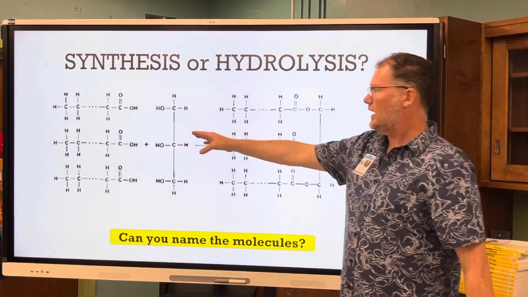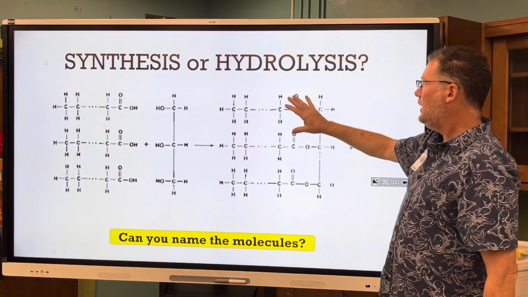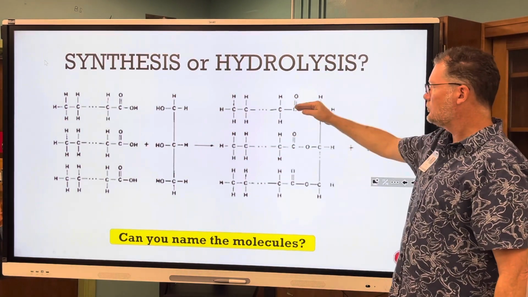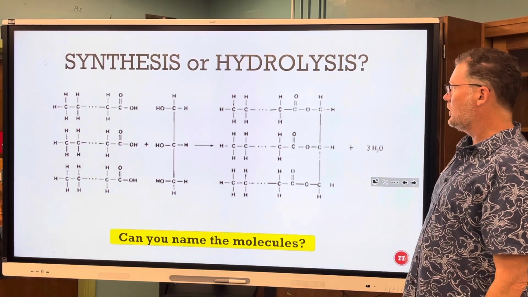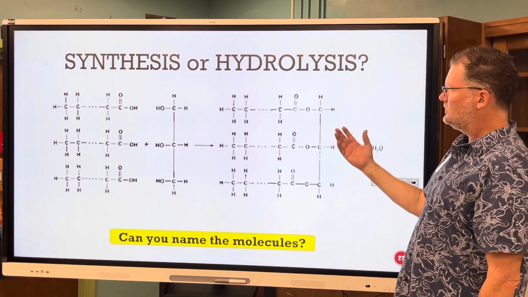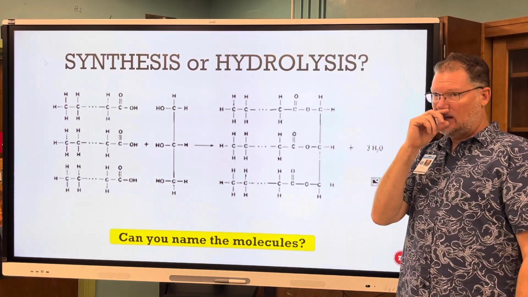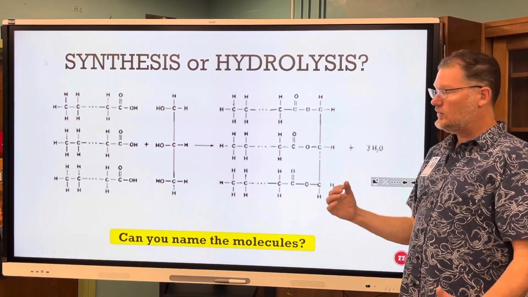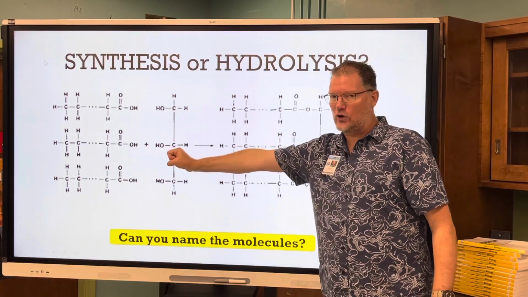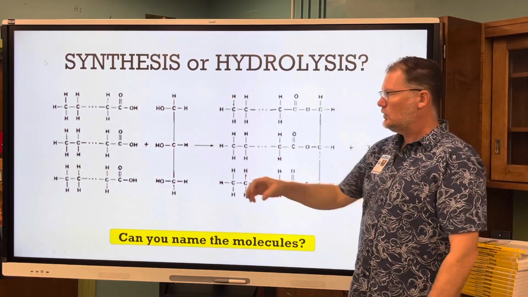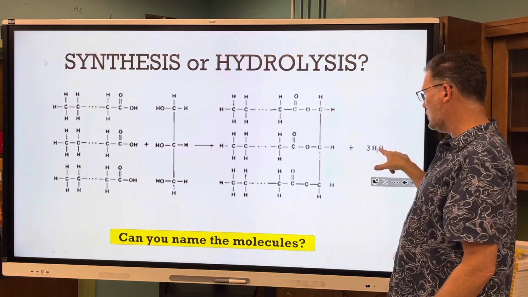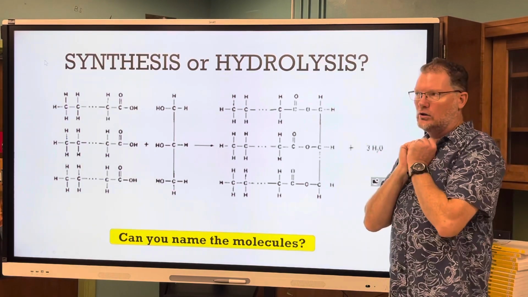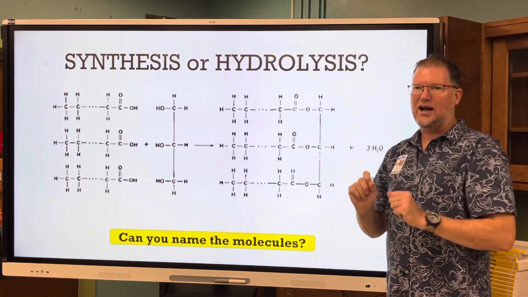So you've got your 3 fatty acids, your glycerol, and your triglyceride, and then, of course, 3 water molecules. So is this synthesis or hydrolysis? This is synthesis. I'm putting together smaller units to make a bigger unit. Dehydration synthesis. The water leaves.